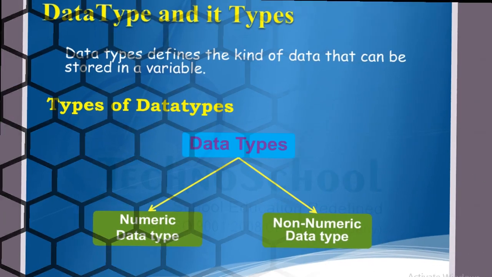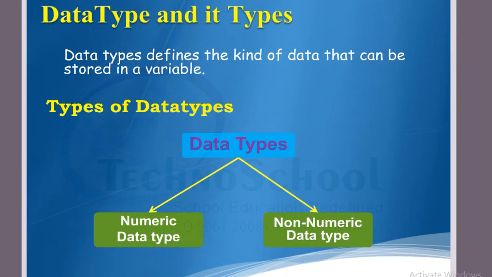So, coming to data type and its types. A data type defines the kind of data that can be stored in a variable. There are many types of data that we come across in our daily life. For example, we need to handle data such as name, address, money, etc. We have a lot of things, right?